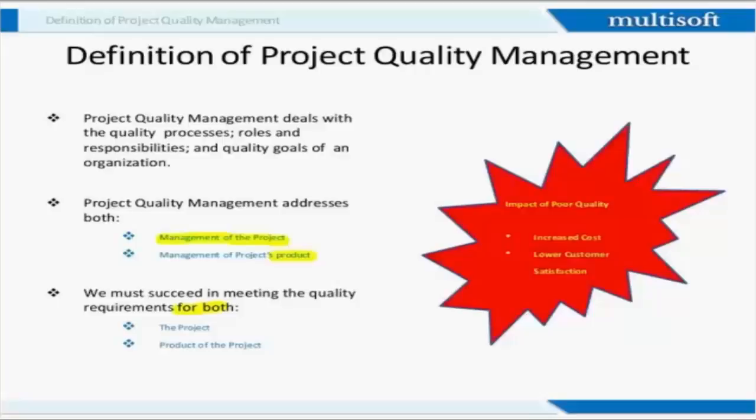Because of defects, I may have to rework, and because of the rework, the additional time required increases the cost. So I have to ensure that I don't have defects, which means if there is a defect-free product and a defect-free project, there is no rework required.